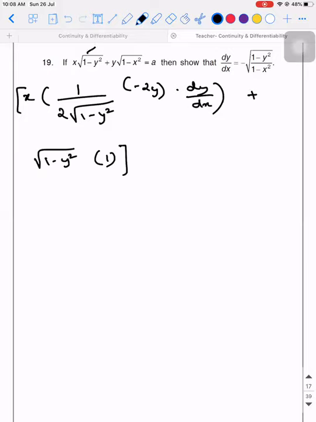So this is the derivative of x into root of 1 minus y square plus y divided by root of 1 minus x square.